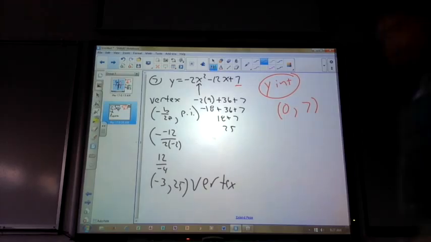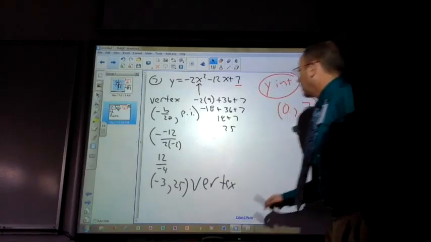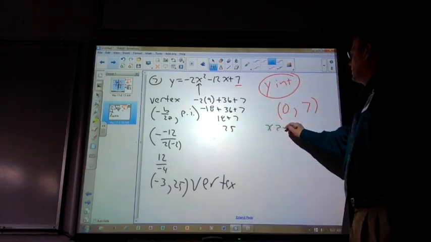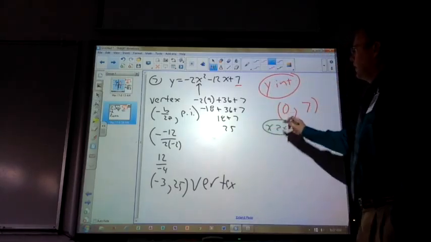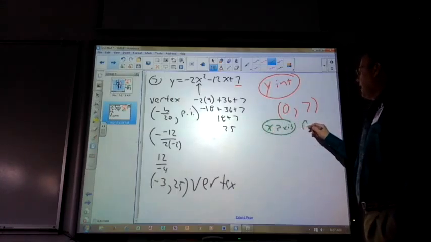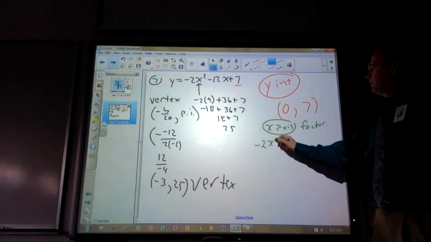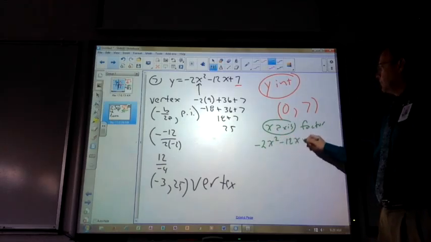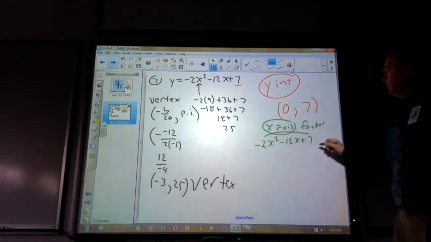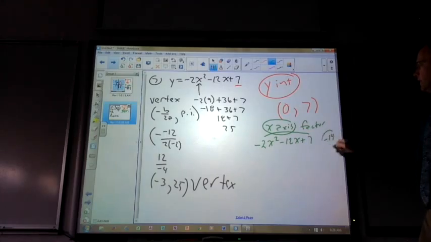And then the last one says, find where it crosses the x-axis. So a couple of tools that are in our category. Let's see if we can factor it. Let's go old school. So my dream number is negative 14, which means I have positive and I have negative.